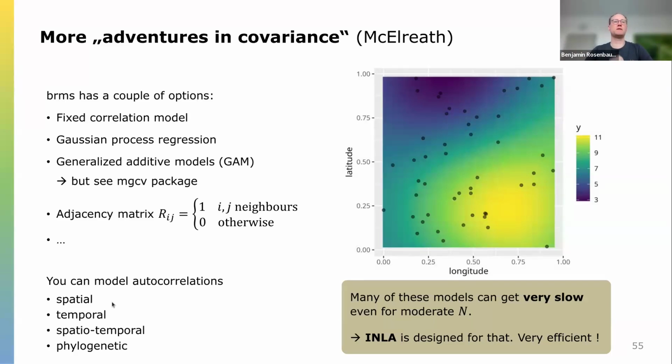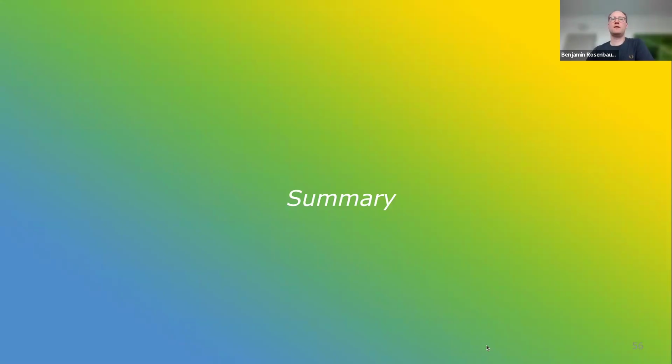You can model spatiotemporal correlations, but also correlations along the phylogenetic tree. However, this innovation framework can get slow with a large number of data points, and here INLA is really efficient. I've never used it but always wanted to check it out. It's another Bayesian software which is specifically designed for this context.